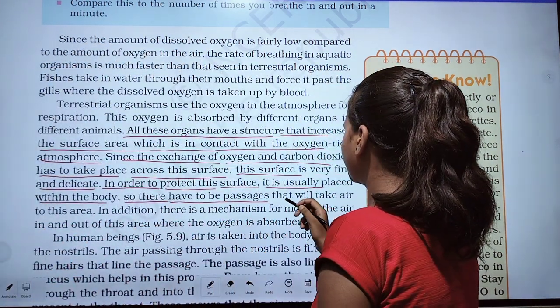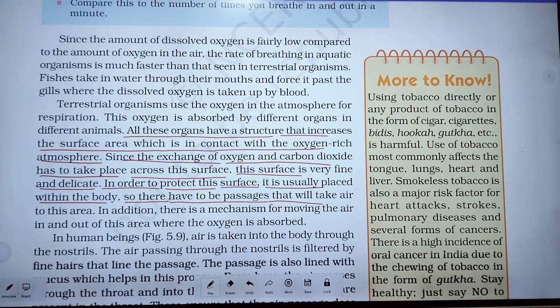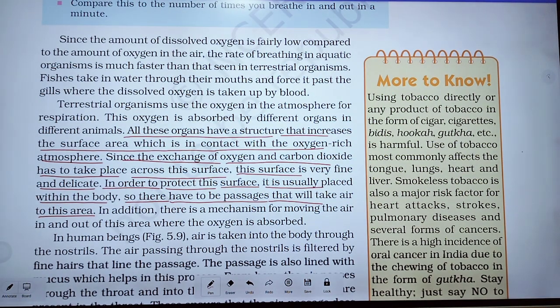It is placed within our body because this surface is very fine and delicate. So there have to be passages that will take air to this area.